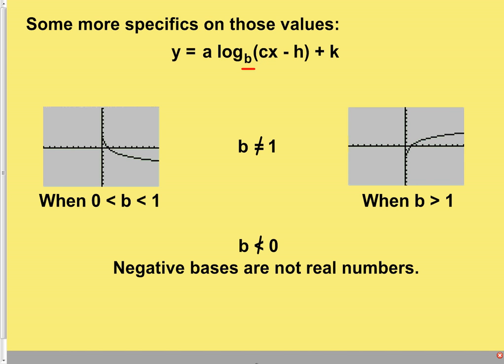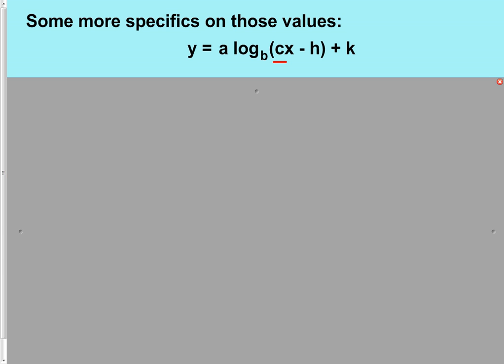And when B is larger than 1, then we get the normal direction and shape of the graph like you see over there on the right. And to reinforce, we already said that B is not allowed to equal 1, and of course we're not allowed to have negative bases. Those are actually in the imaginary graph, which you guys have not seen yet. We are in the real graph, and y'all haven't learned the imaginary graph yet.